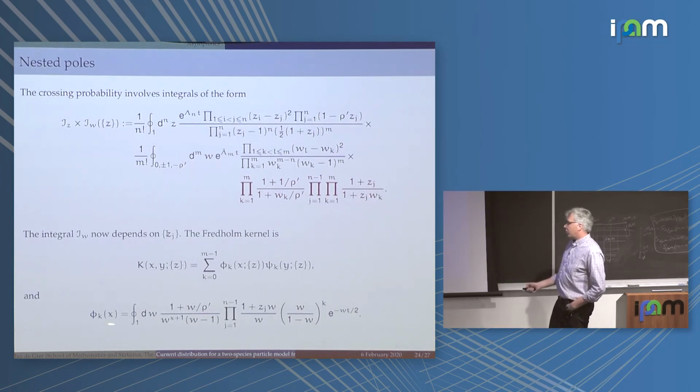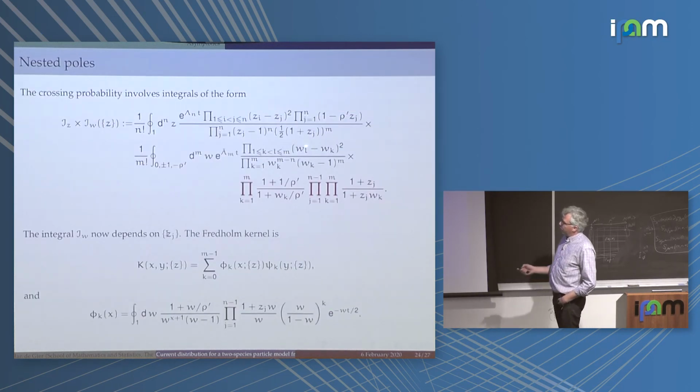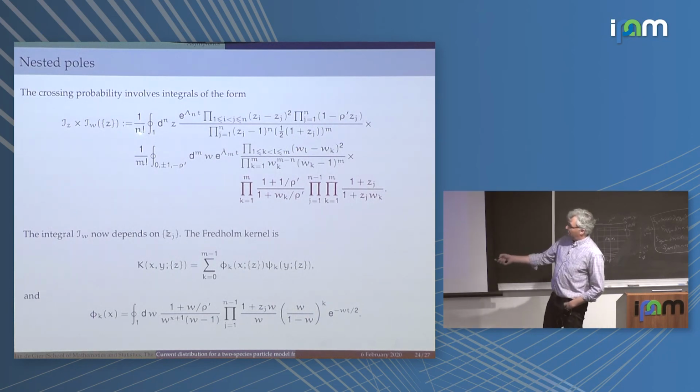And these phi and psi functions also now depend on these Z variables. But what happens is, if you look at this formula again, I still have to integrate over the Z's, but the Z's are located around the pole at 1. So the Zi's are close to 1.